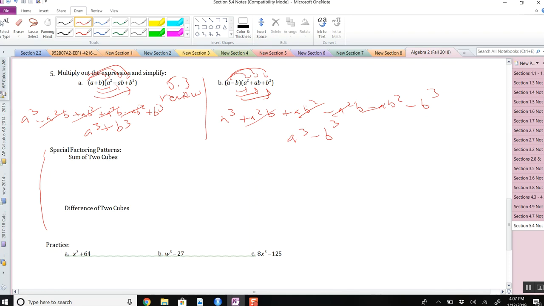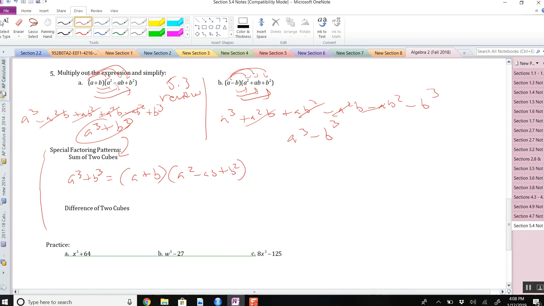Now, when you have A cubed plus B cubed, we call that a sum of two cubes, clearly because we're adding two cubes. And since we just got A cubed plus B cubed from foiling number 5, part A, we can say that A cubed plus B cubed can be factored in this fashion. And that's going to be a formula that I'll probably give to you guys.